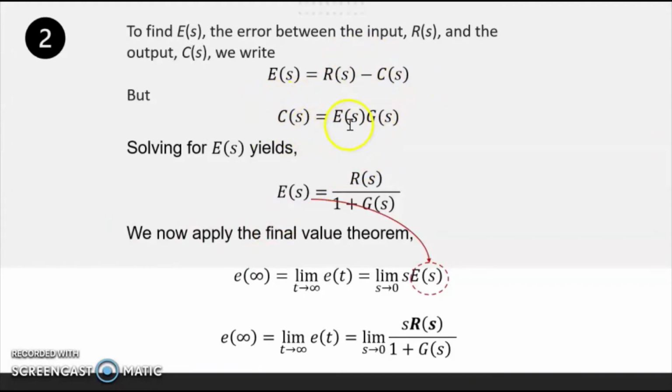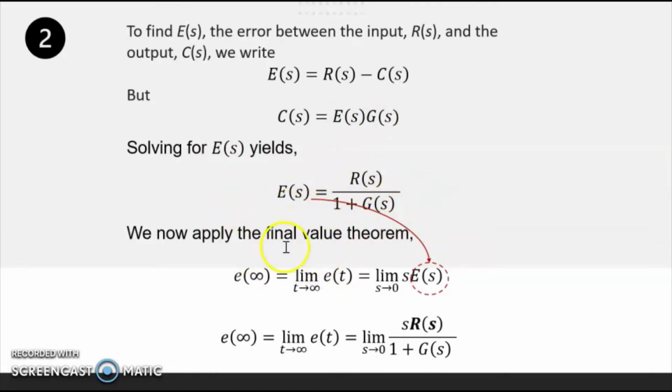In the last part we were looking at the closed loop transfer function. This time we want to look at the open loop transfer function. So in this case, C is actually E times G. Then what you need to do is substitute this C, and after simplifying and solving for E(s), we yield this form of equation.